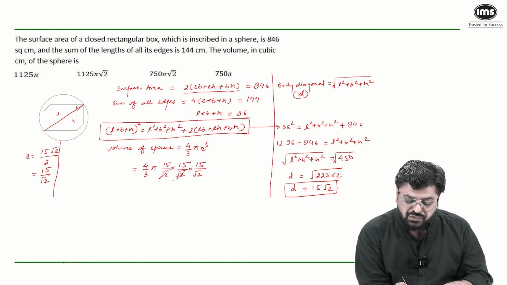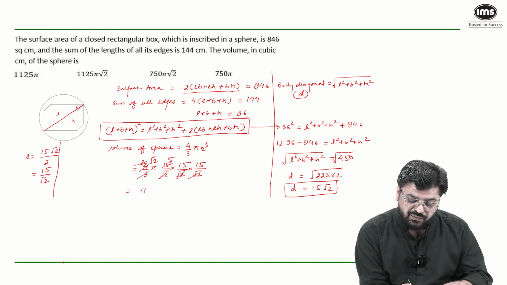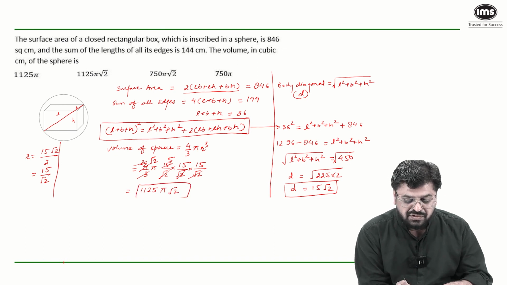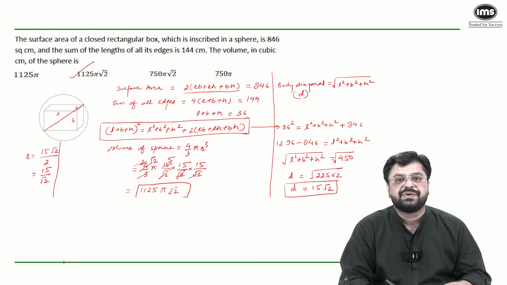Root 2 into root 2 is 2, and then this gets cancelled, it will be root 2. So 15 into 15 into 5 into root 2 pi. 15 into 15 is 225, into 5 is 1125 pi root 2. So the volume of the sphere is 1125 pi root 2. Option B is the right answer.